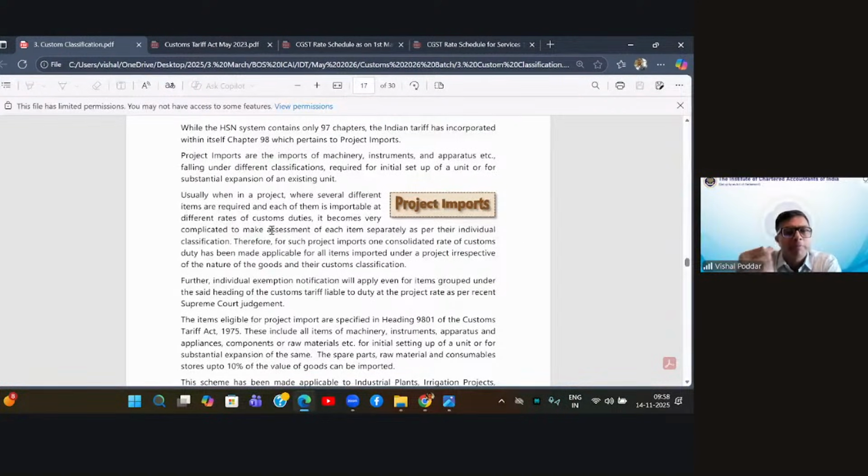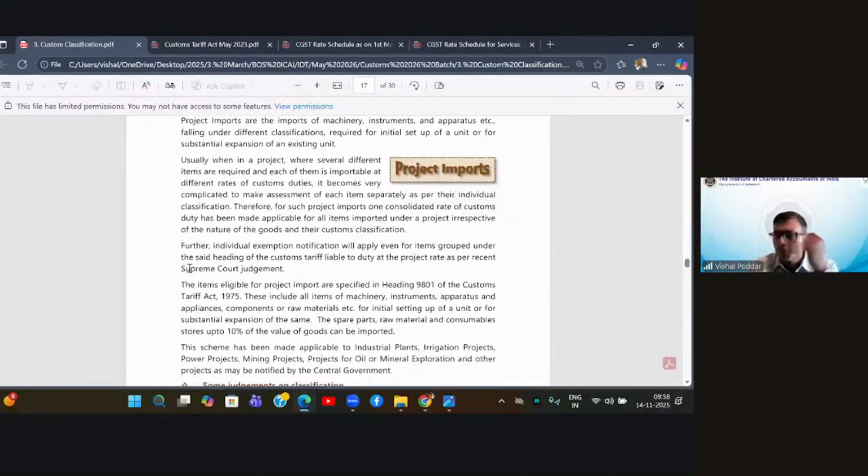You give them the list, what items and which place, and mainly you tell them that I am setting up this facility in India. For this one facility, I'll be importing all these items. So instead of classifying them in their respective chapters, they will classify it in chapter 98, which is the chapter dealing with project imports. So this helps you in proper classification.